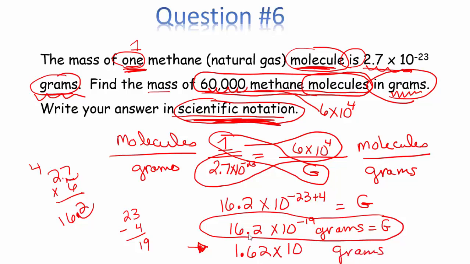I'm moving to the left, so I add. Negative 19 plus 1 gets us to negative 18. Make sure you use that calculator if you're still struggling with your 7th grade skill of working with integers. Negative 19, if we increase that by 1, we're moving towards 0. That gets us to negative 18.